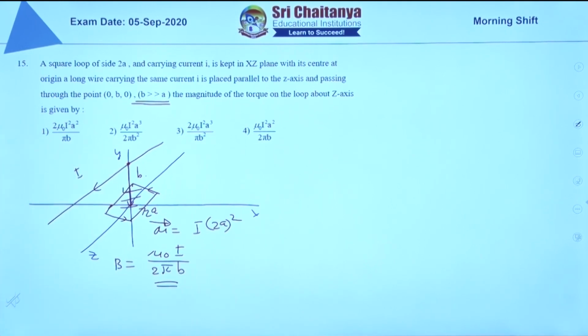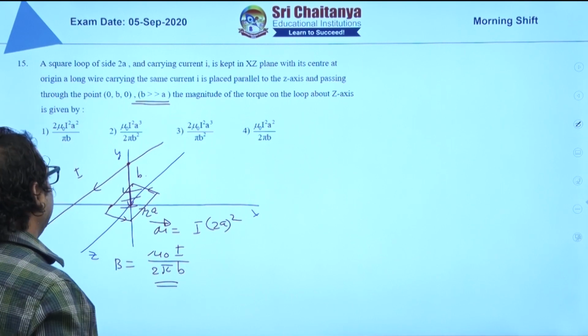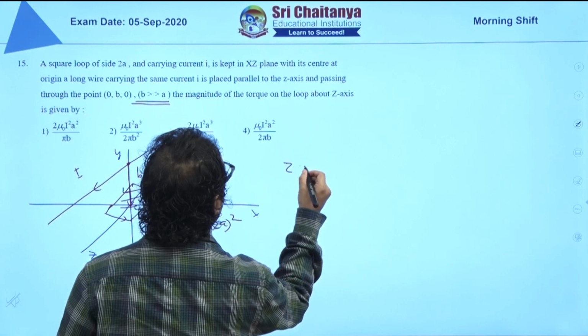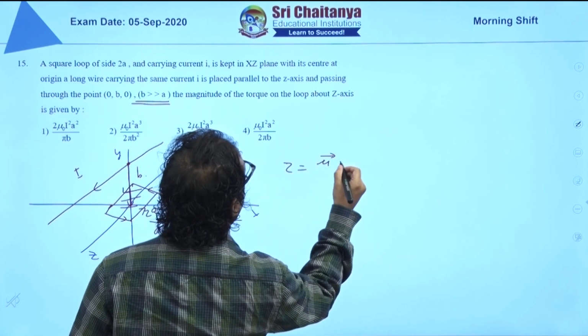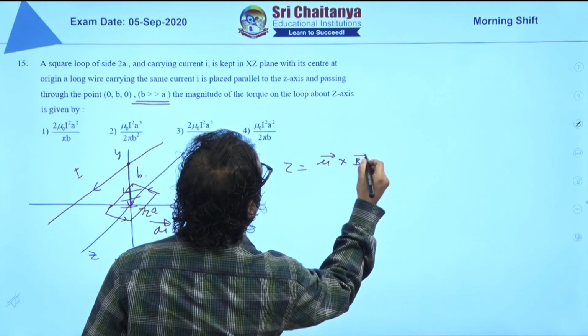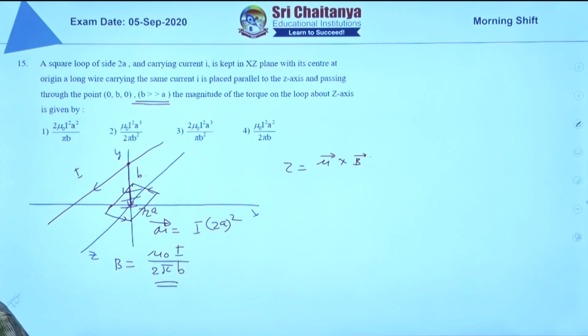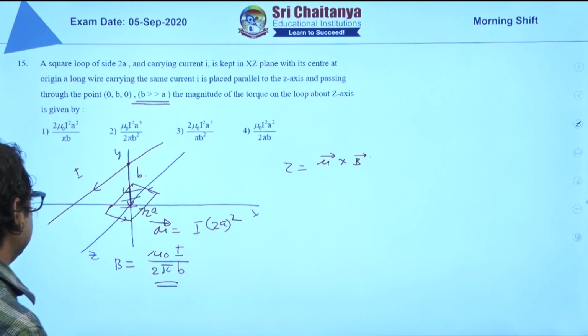Now, the question is what is the torque about the Z axis? So, torque is nothing but, you know, the formula mu cross B. Mu direction is, let us say, y and magnetic field will be along x.